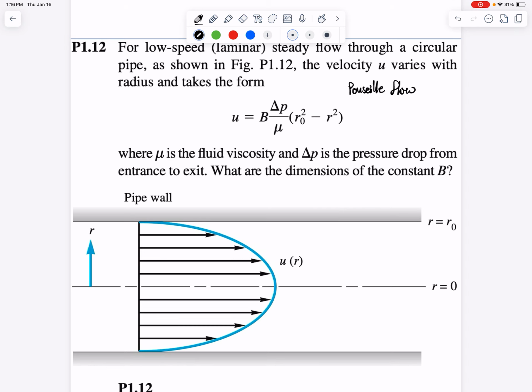This equation is good because it captures the no-slip conditions at the boundaries of our pipe, and our maximum flow will be at the center line of the pipe. Okay, let's once again take the variables in this equation, turn them to the non-dimensionalized forms, and then plug it in to solve for B.